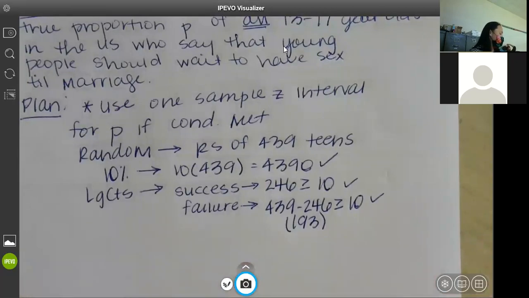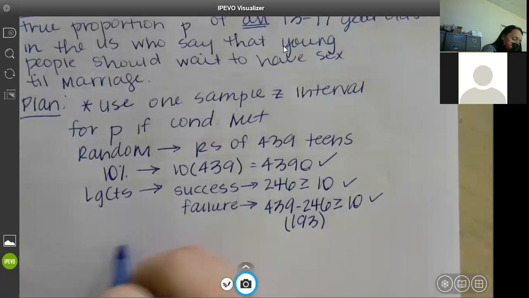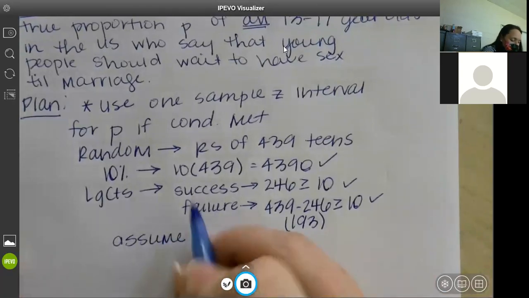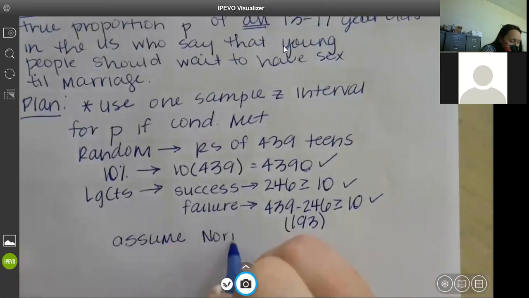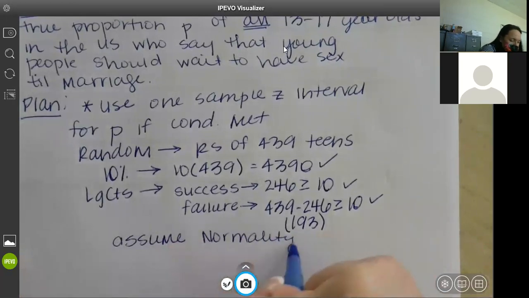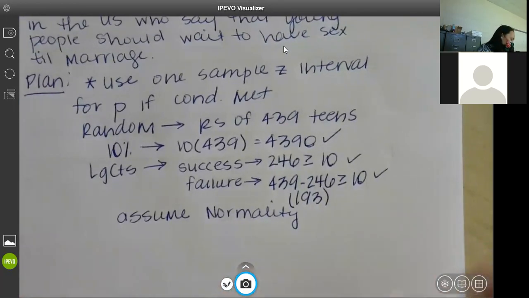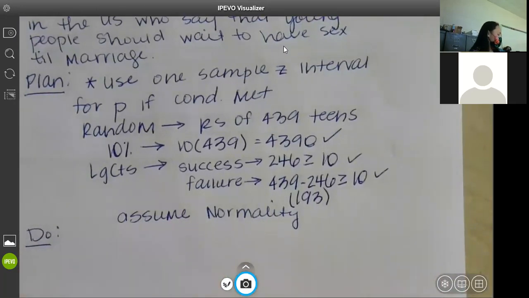So what does that mean? We're going to assume normality. Eventually, I will show you how to do this in your calculator, but you need to know the formula.